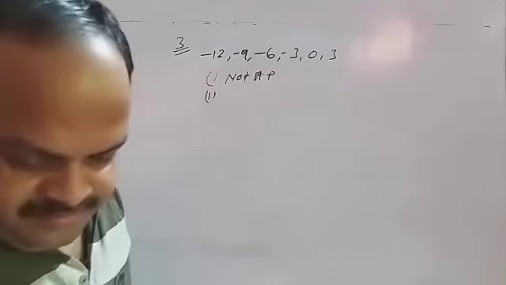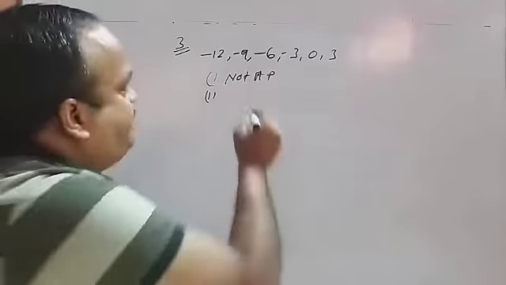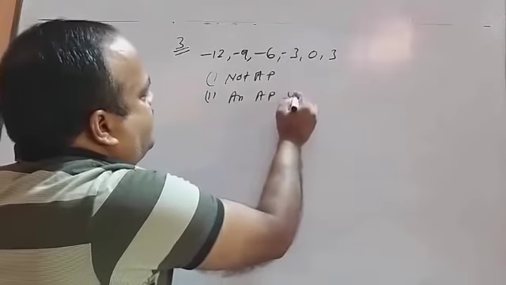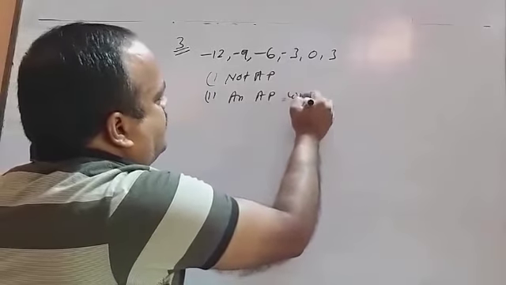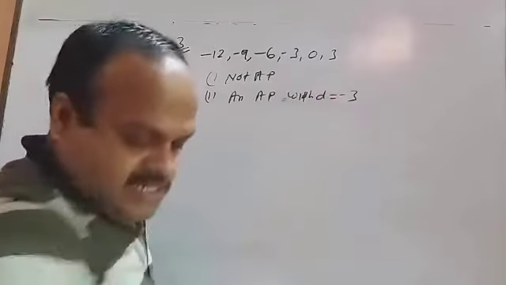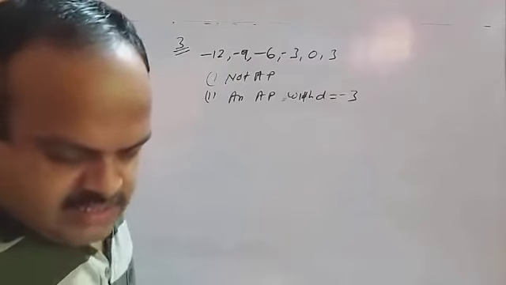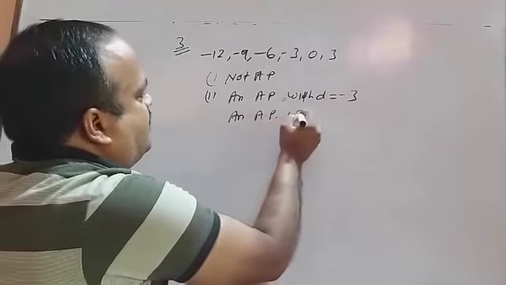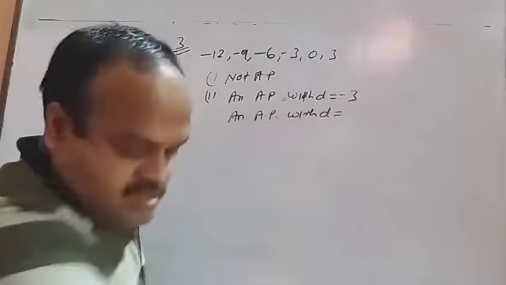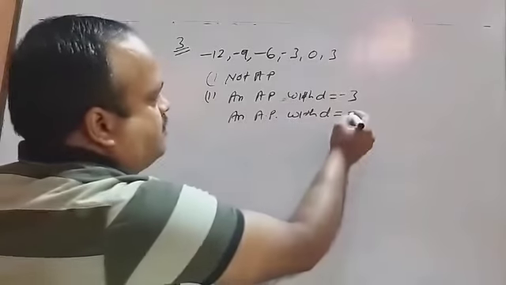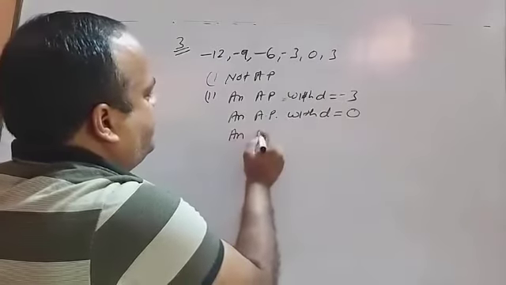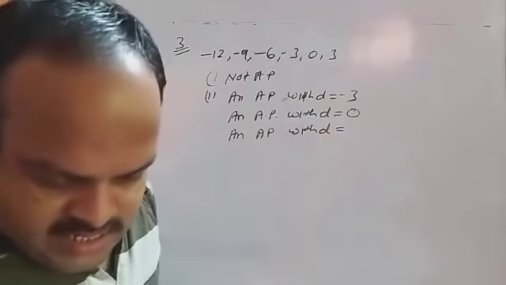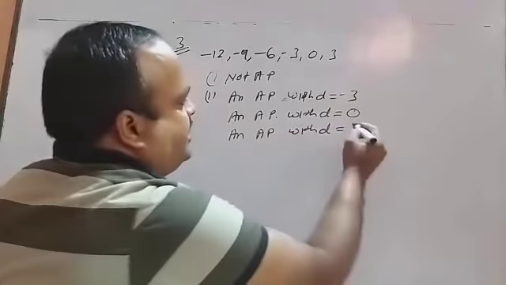Second: an AP with D equal to minus 3. Third: an AP with D equal to 0. Fourth: an AP with D equal to 3.